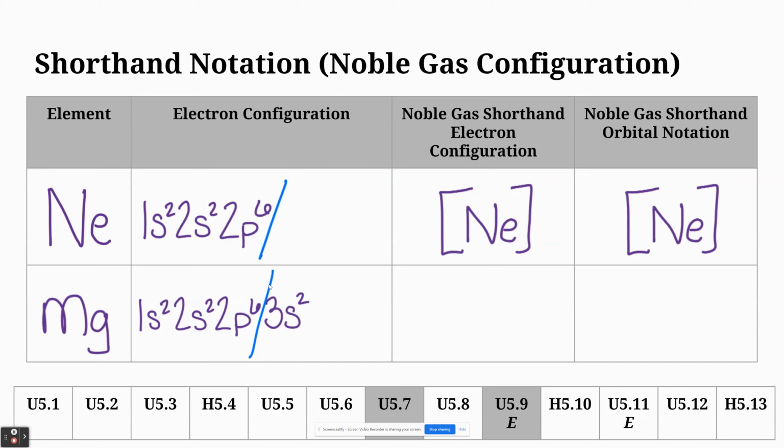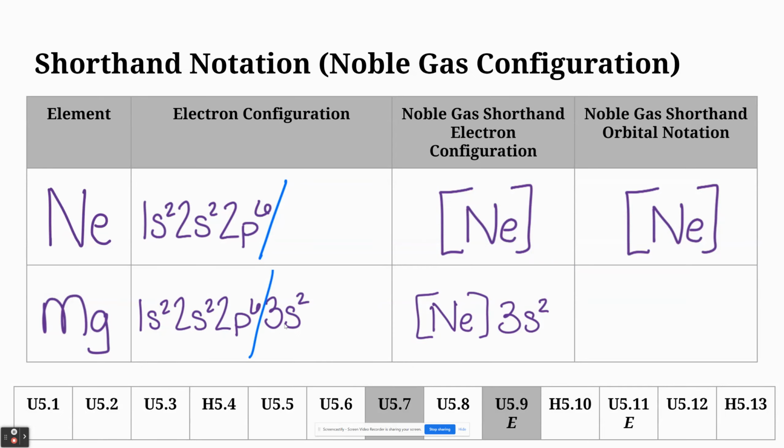I'll stop there, and I already know 1s2, 2s2, 2p6 is neon. So we saw this top example here. That's the electron configuration for neon. So if I want to write out magnesium's configuration quickly, I know this first section is already neon here. So what I'll do is I will say neon, and neon here replaces 1s2, 2s2, 2p6.